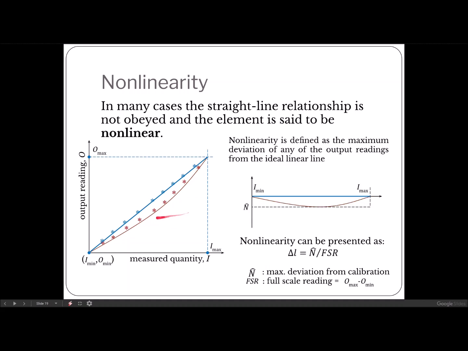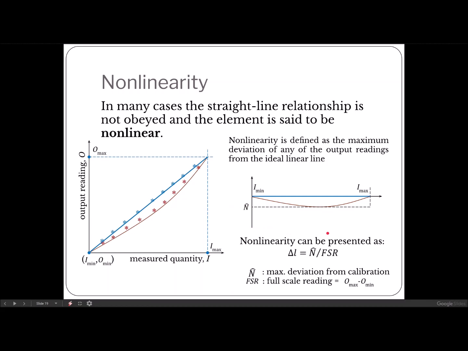Now if I plot the difference between the ideal point and the real point as a function of the measured quantity, I will get this plot. This red line is not the same as the earlier one, but it is the difference between blue and red.